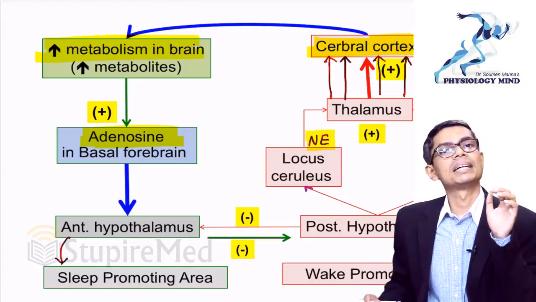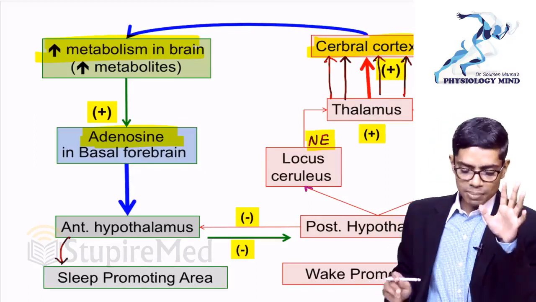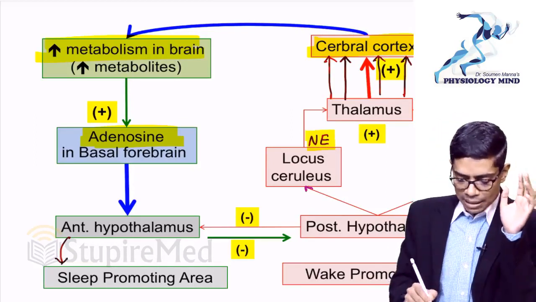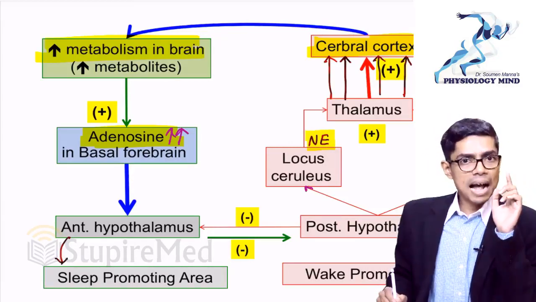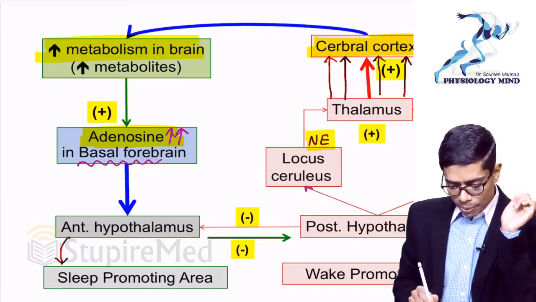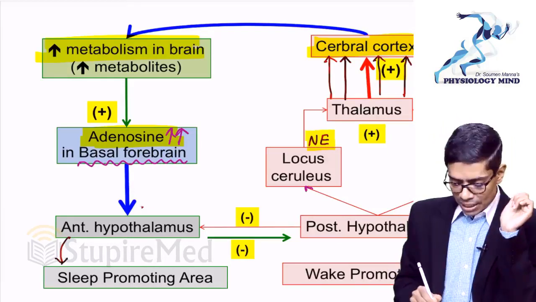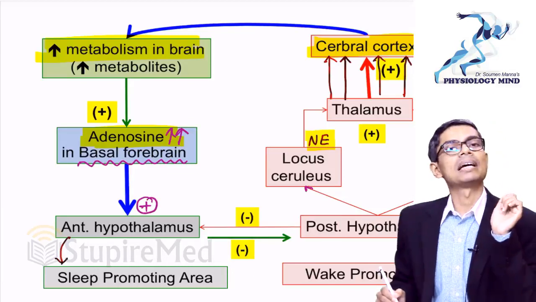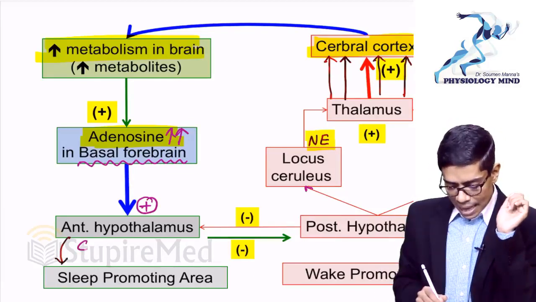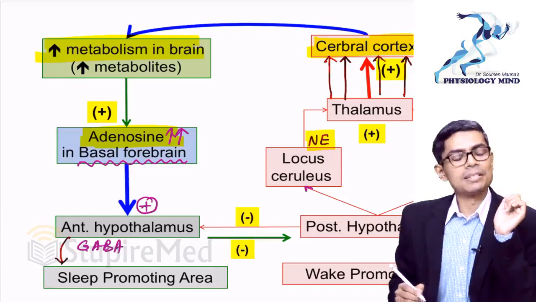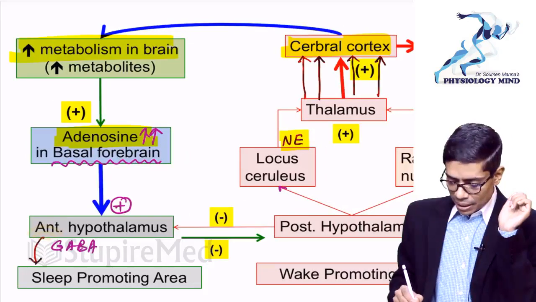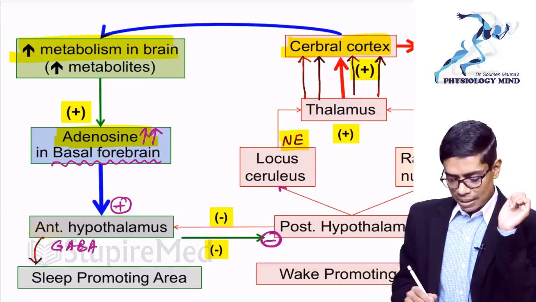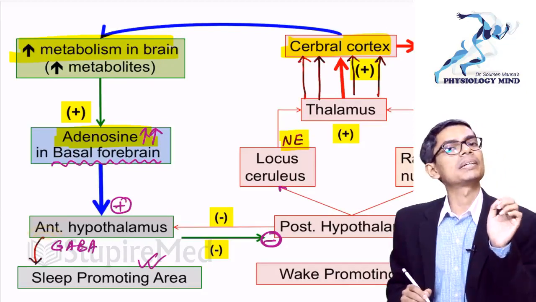Note down here, adenosine. Because of increased brain activity, adenosine level increases to a very significant level. This adenosine from basal forebrain stimulates the anterior hypothalamus, which releases GABA, and because of this GABA release, the wake promoting area of hypothalamus will be inhibited and sleep promotion will be there.